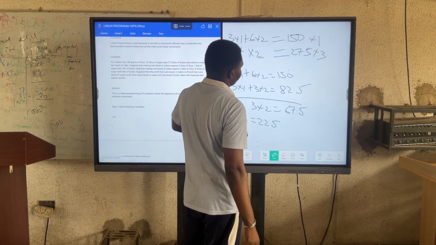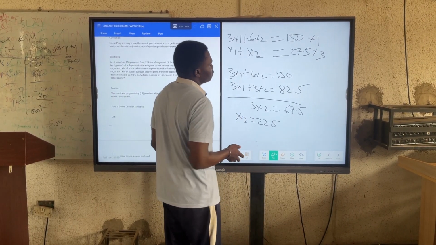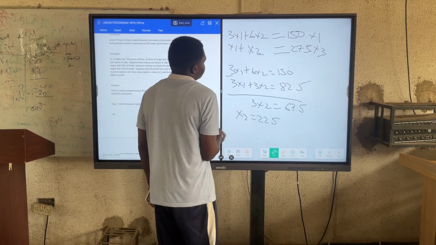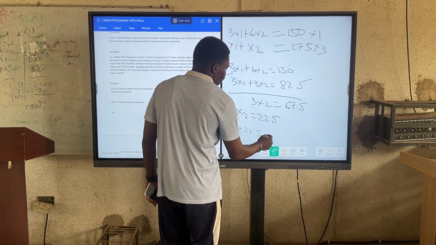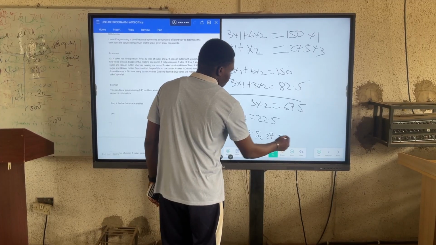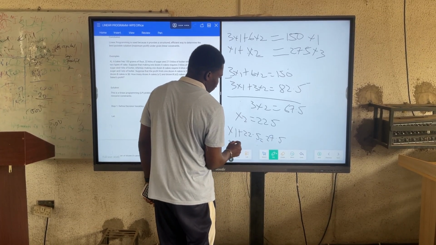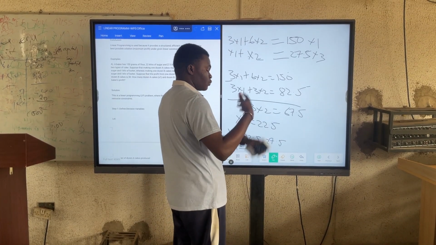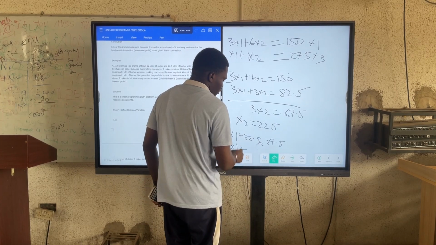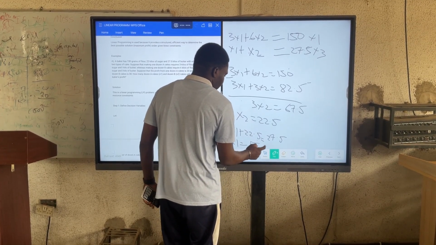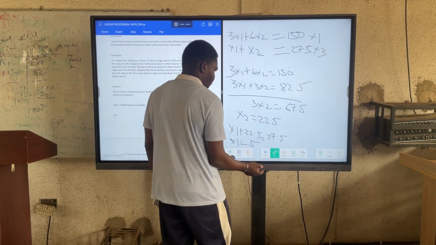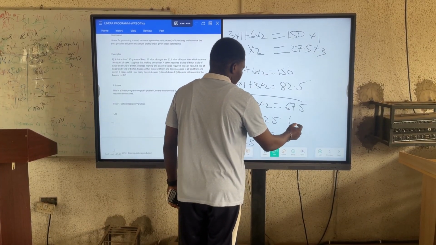Now since x2 is 22.5, I'm going to substitute this into this equation. So x1 plus 22.5 equals 27.5. So therefore x1 is 27.5 minus 22.5. That will give you 5. So the third one is 5, 22.5.